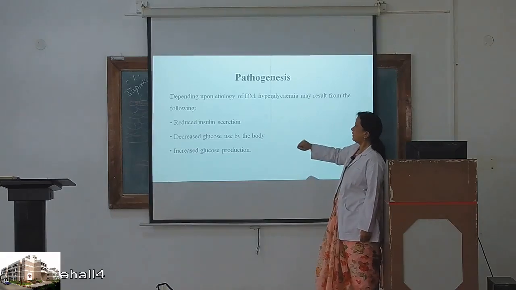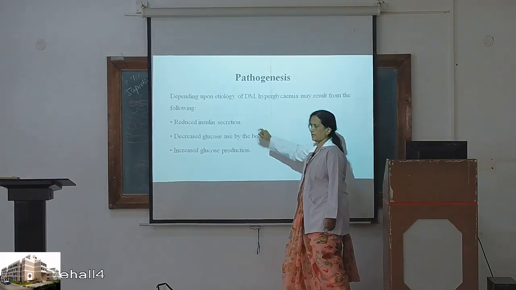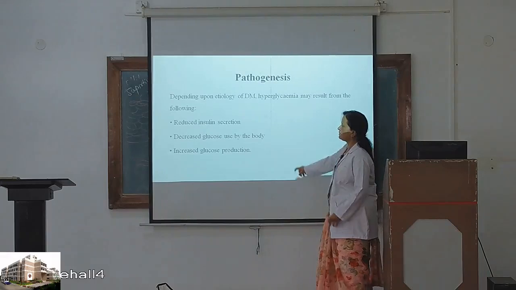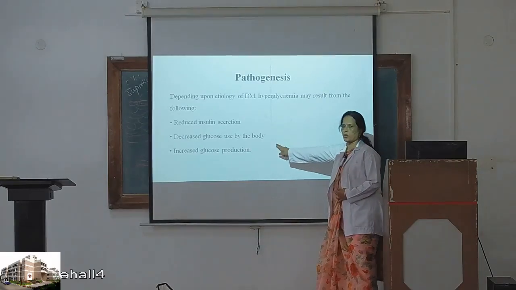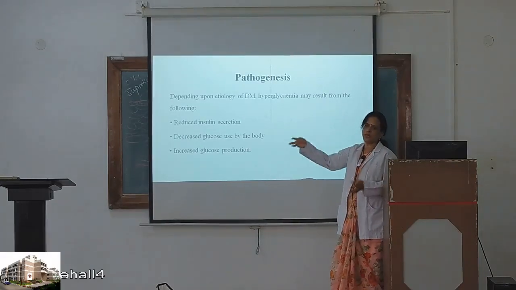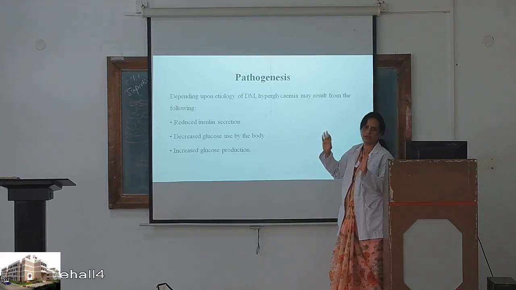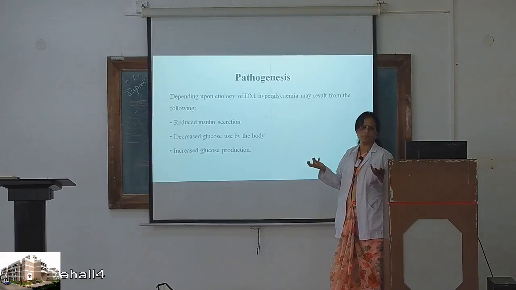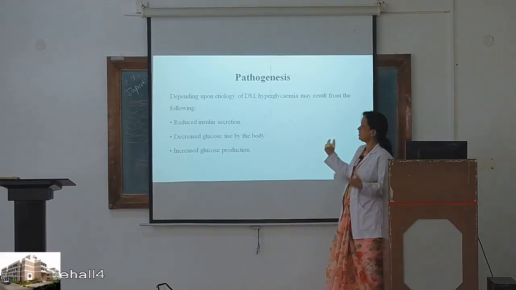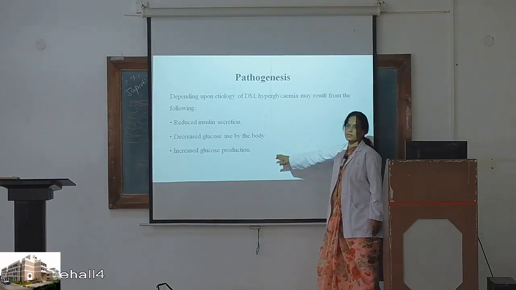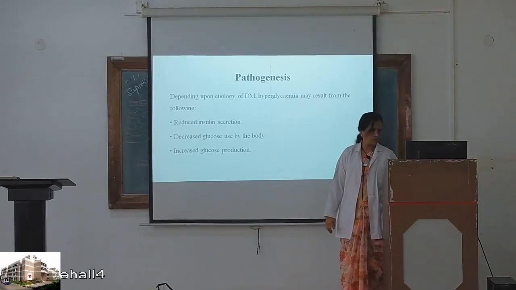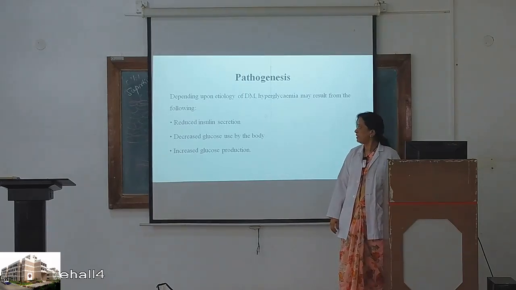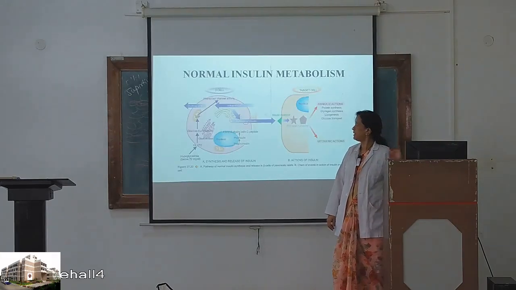One is decreased insulin secretion. Second is decreased glucose use by the body. If we eat a lot, sit at one place without exercise, why do the cells need more glucose? So decreased utilization and increased glucose production. So three things are important to cause hyperglycemia.